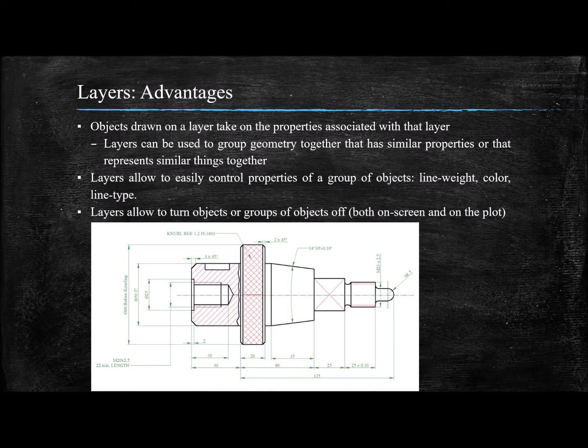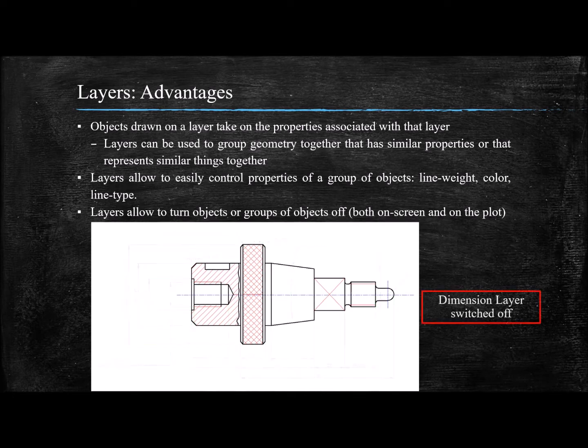As already mentioned, the dimensions for this object are all placed in a single layer, the dimension layer. So now if that dimension layer is switched off or turned off, then the object or the drawing becomes like this. It obviously improves the readability or visibility of the actual object by reducing the clutter of dimensions.